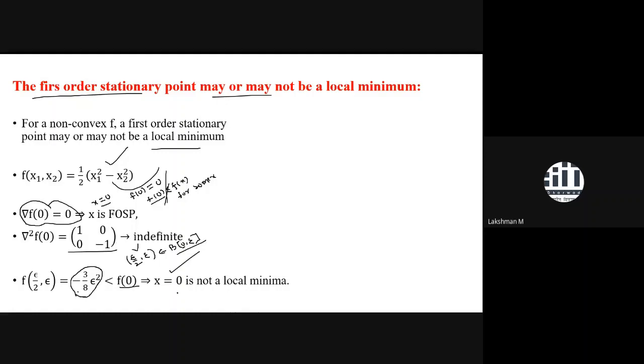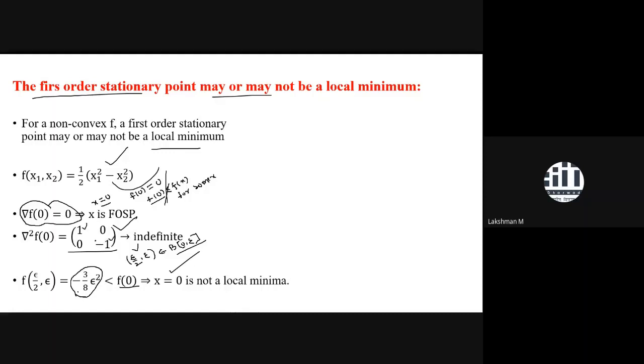Then what kind of point would it be? You have to look at the Hessian. If you find the Hessian of this function at 0, what is it? 1, 0, 0, minus 1. Here you can observe that this Hessian is neither positive definite nor negative definite. One eigenvalue is 1, another eigenvalue is minus 1.